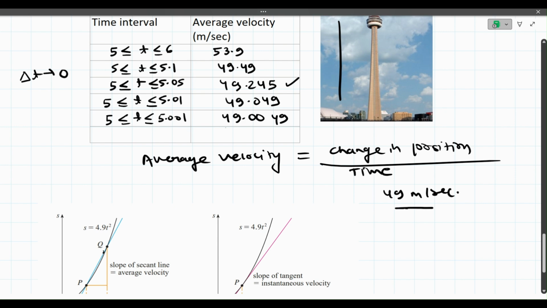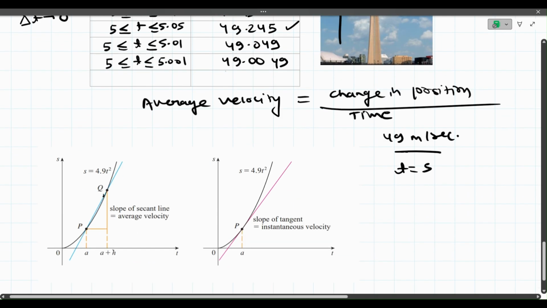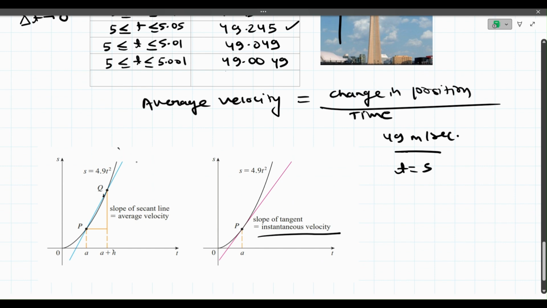So this 49 meters per second, we can say that it's the instantaneous velocity at t = 5. So the first graph shows the average velocity. P and Q are the two points because of the time interval. Suppose P and Q come closer and closer, and they almost coincide with each other. So passing through that point, if we draw a tangent, that shows the instantaneous velocity.